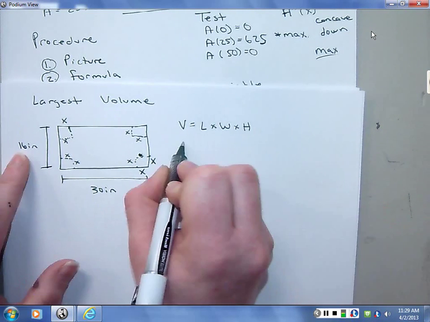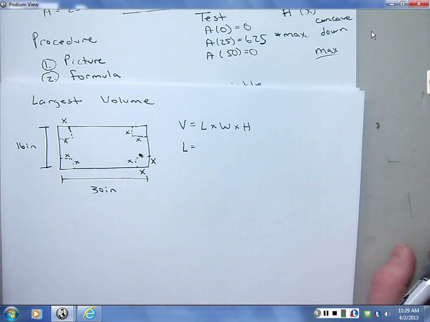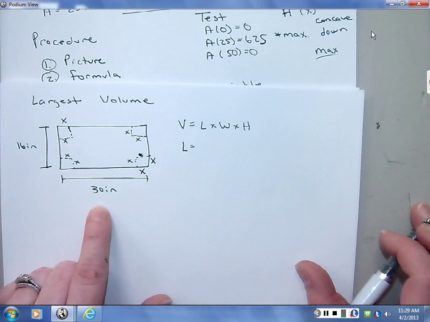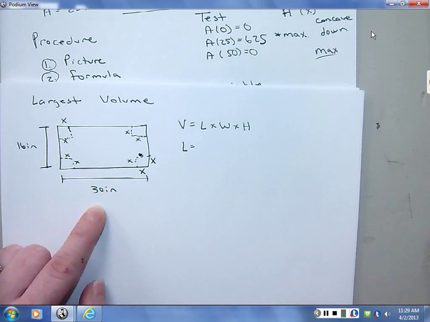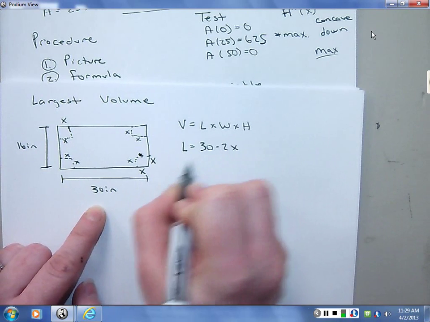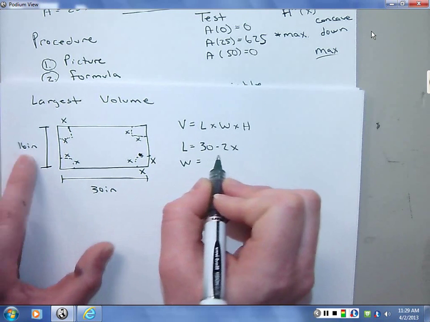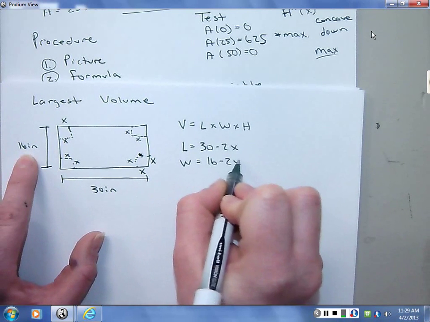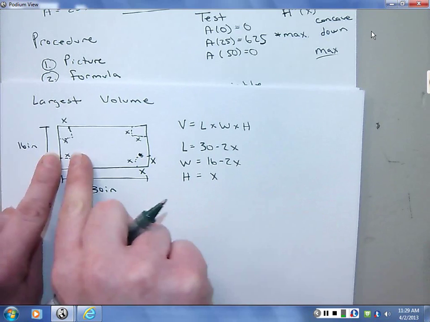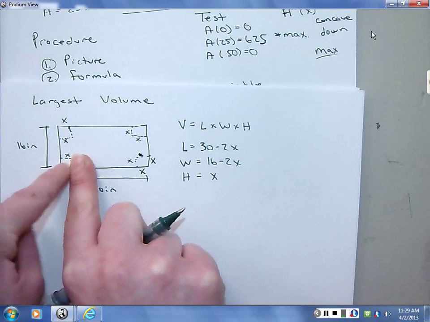So what is the length of my box going to be? 30 minus 2x, right? What is my width? 16 minus 2x. Very good. And what is my height? X, right? Because I flip up the flap that's left here, and that's the distance of x.